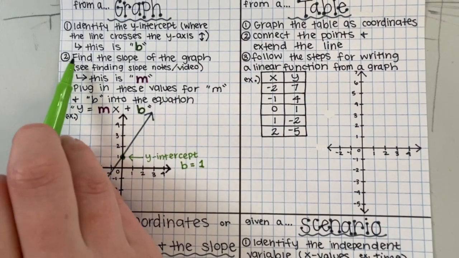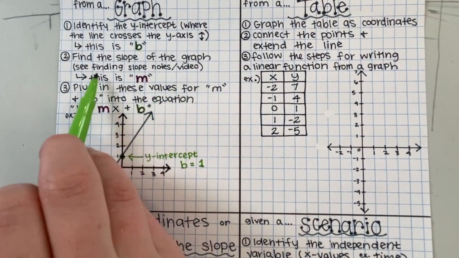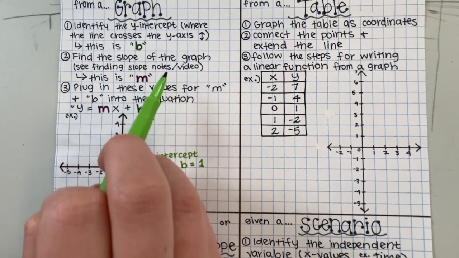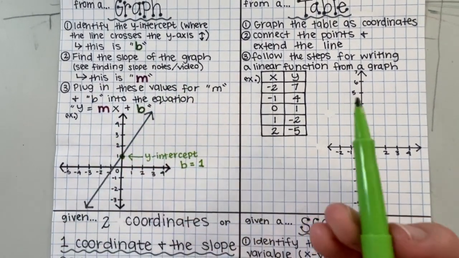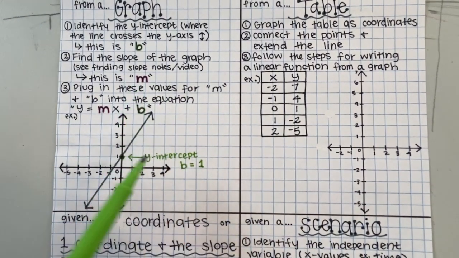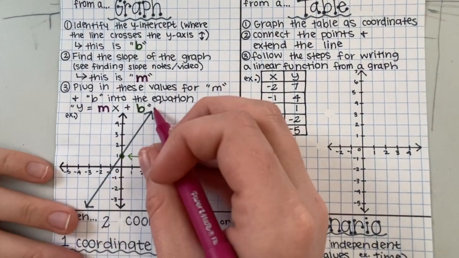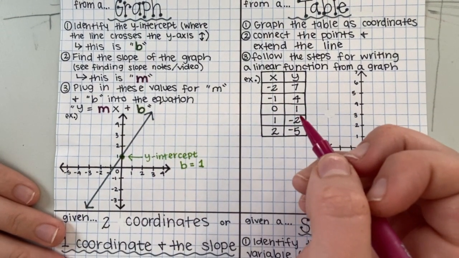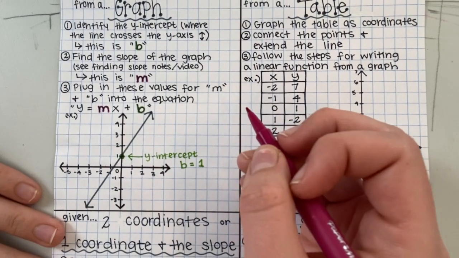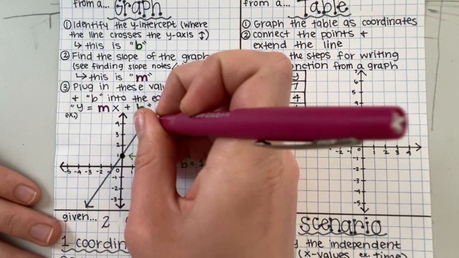Our second step is to find the slope of the graph. If you need extra support with this, you'll see my other video for slope notes and finding slope in different scenarios. So this is our m. What I'm going to do is look at my line and follow my steps for finding the slope in a graph. I need 2 points that fall directly on my grid lines.